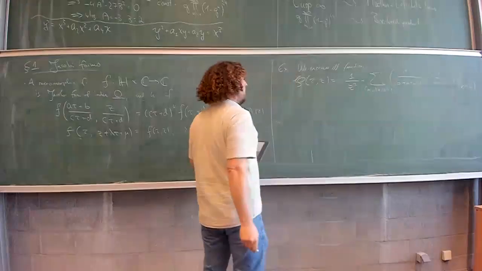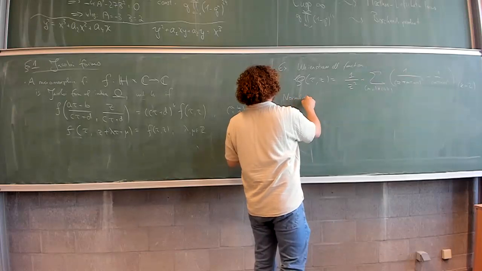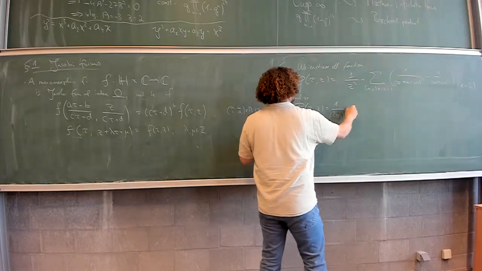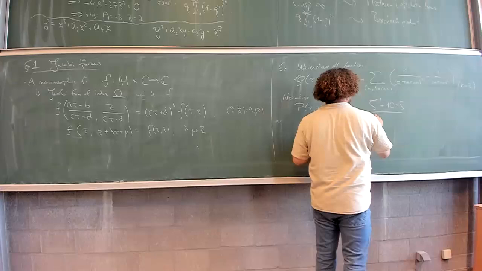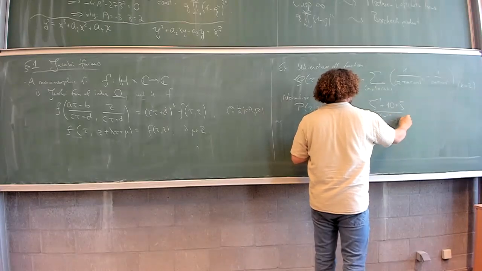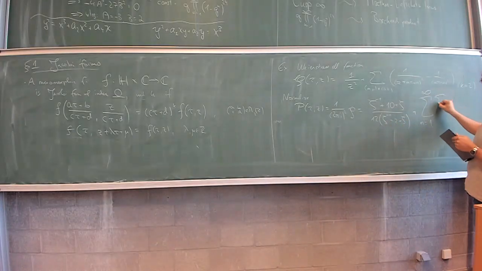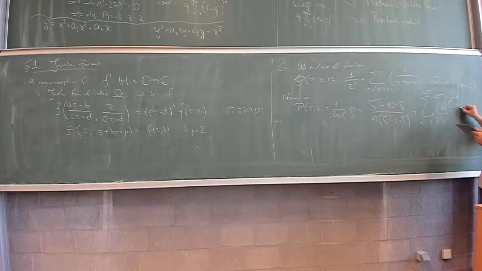I normalize it so that it has a nice Fourier expansion, in this form: the sum over n of (zeta to the minus d minus 2 plus zeta to the d) q to the n, where d runs through the divisors of n.